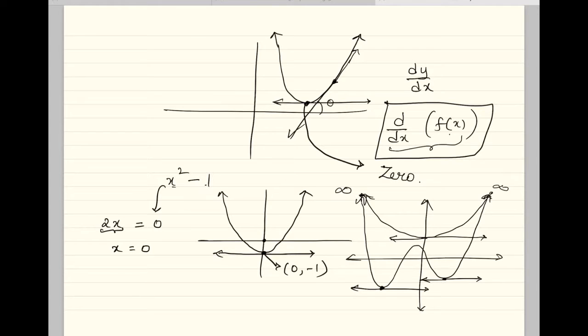Suppose in this case, for this complicated curve over here, you have how many points where the slope is becoming 0? 1, 2 and 3, correct? So what you have to do, you should find out those 3 points and you just find the corresponding y values.